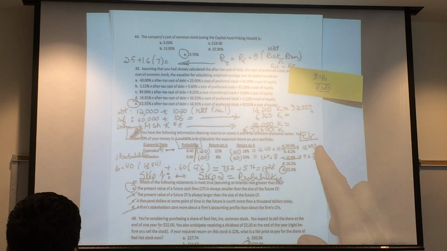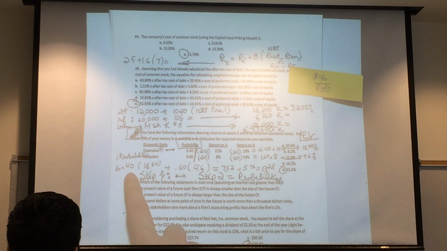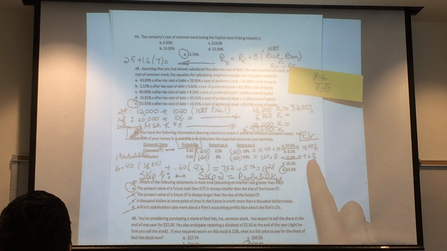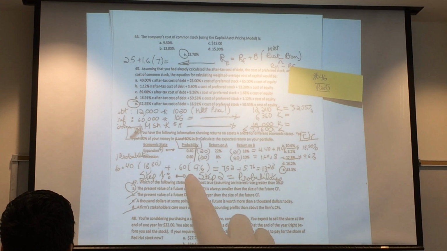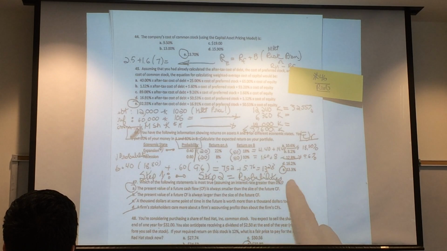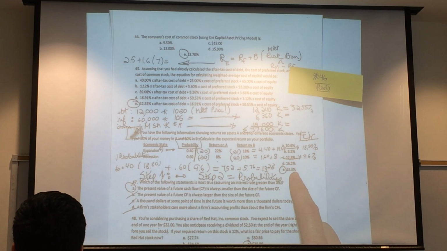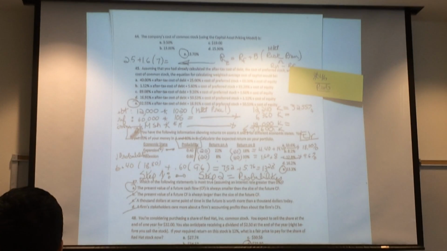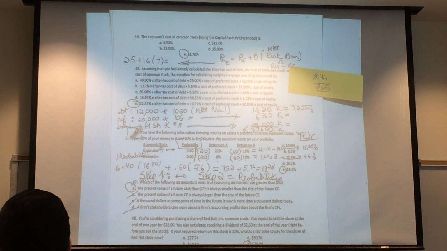So I take my 18.8%, multiply that by the 40%. Then I take the 9.6% that you make in a recession, you have a 60% chance of a recession. Multiply those, add them together, I get 13.28%, so the expected return is 13.3%. That's going to be the biggest weighted question on the exam.